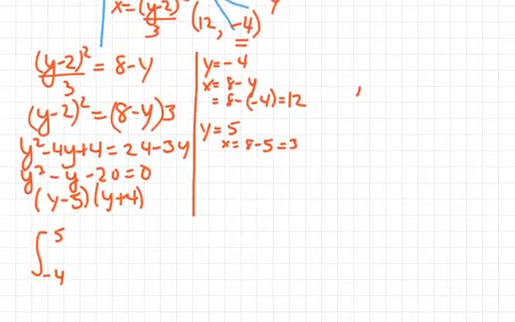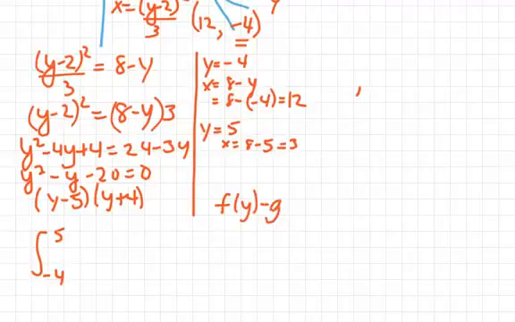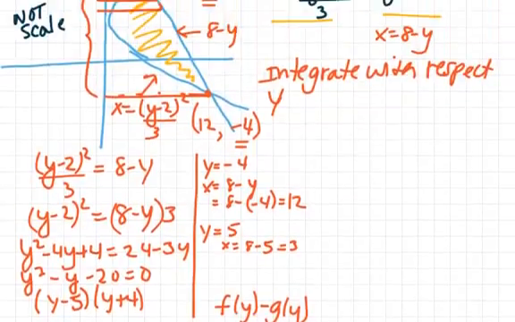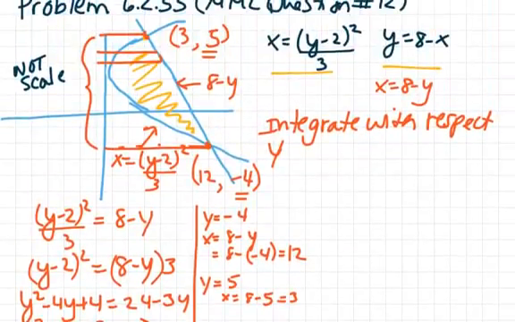So the integral is going to go from negative 4 to 5, and then again it's f of y minus g of y. And go back up to the graph here. If you go from left to right and you pass a line left to right in that direction, the first curve you hit is your g of y, and the second curve you hit is the f of y.